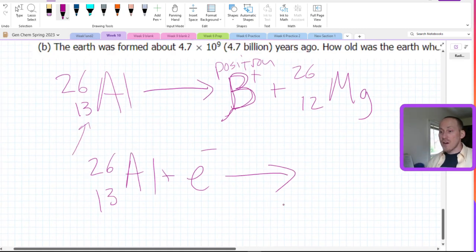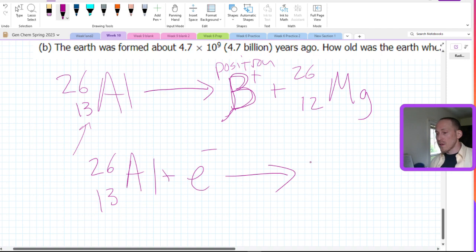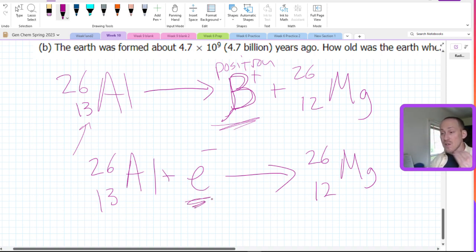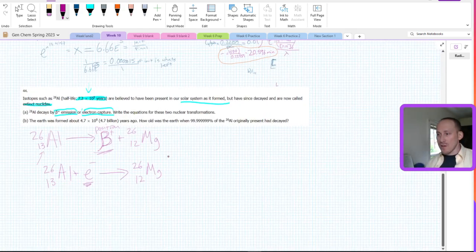And that means that electron is going to go find a proton in the nucleus and convert it to a neutron. So the mass is going to stay the same, but the number of protons will have gone down. And we get the same result. So the big difference is in positron emission we lost a positron, and in electron capture we've gained an electron. So those are those two transformations.